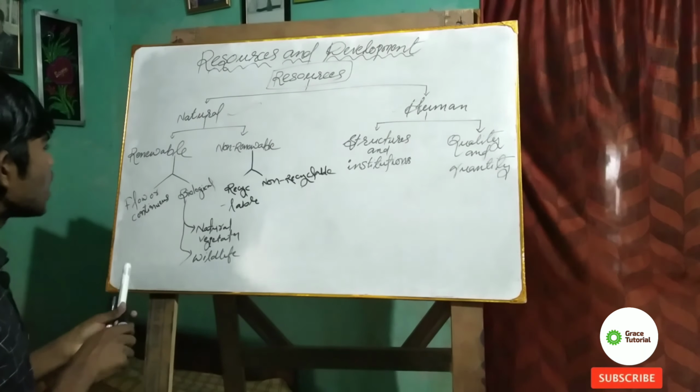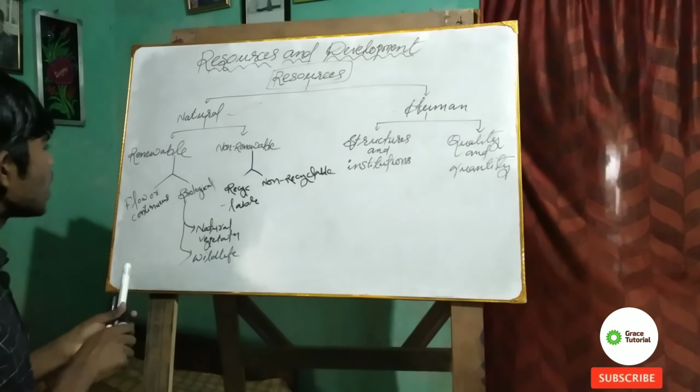So on the basis of exhaustibility and the limitation of use, the resources have been categorized into various types. So what are those? Those are renewable resources and non-renewable resources. That means on the basis of their exhaustibility and the limitation of use, the natural resources have been categorized into renewable resources as well as non-renewable resources.